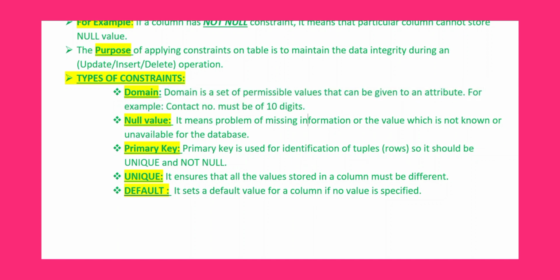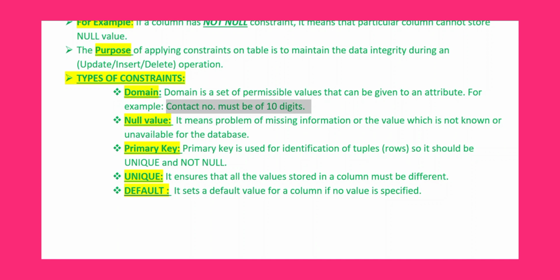an attribute. Domain is a set of permissible values, meaning what value the database administrator can permit in that particular column to make the column meaningful. That is the actual meaning of domain. For example, if you are storing the contact number of an employee in a database related to the employee table, then you can set the constraint that contact number must be of 10 digits.